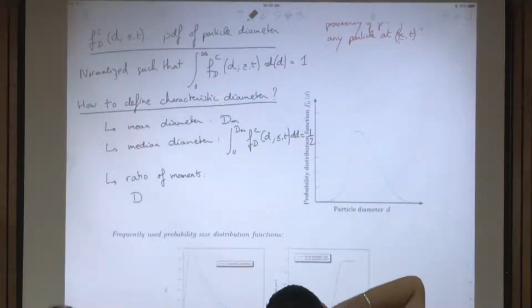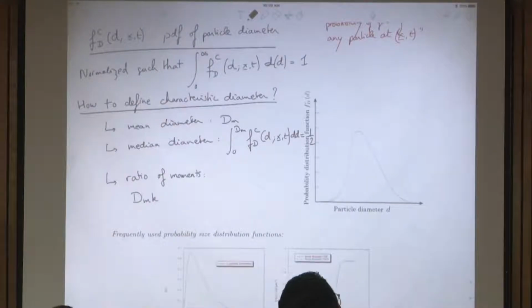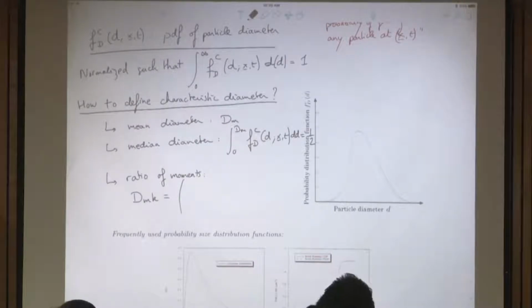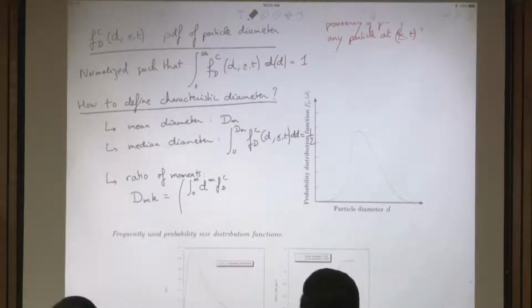We'll write that as D_mk, which will be the ratio of the mth order moment of that distribution, moment in diameter, to the kth order moment in that distribution. So 0 to infinity, we'll look at d to the power m of f(d), divided by the kth order moment.